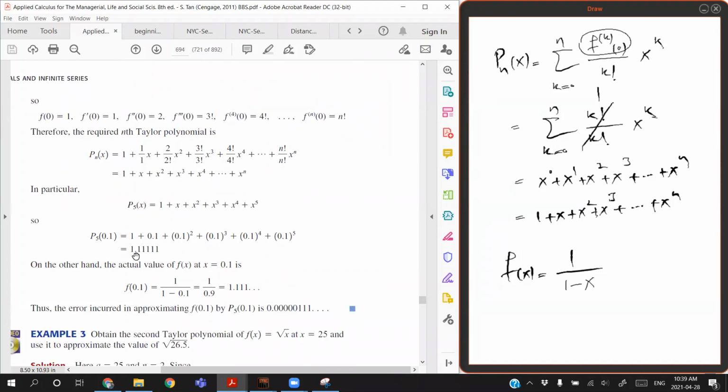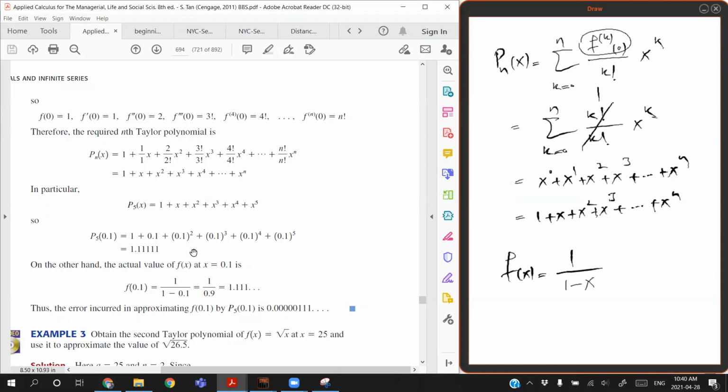The number that has been used is 0.1. So if you plug in 0.1 into the fifth Taylor polynomial, that is 1 plus 0.1 plus 0.1 squared plus 0.1 to the power of 3 all the way to 0.1 to the power of 5, you're going to get this number.